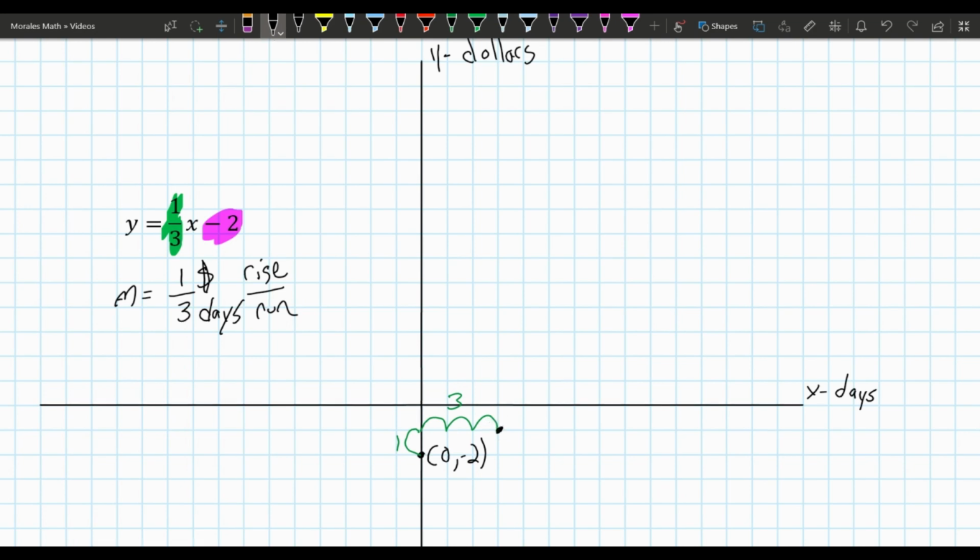So I'm slowly but surely climbing out of this hole. So on day 3, I'm at -1 in my bank account. But then I keep working, and I'm slowly starting to feel like I'm actually breaking even here. So I get up another dollar. 1, 2, 3, and I am now out of debt on day 6. Okay, so day 6, I have $0 in my bank account.